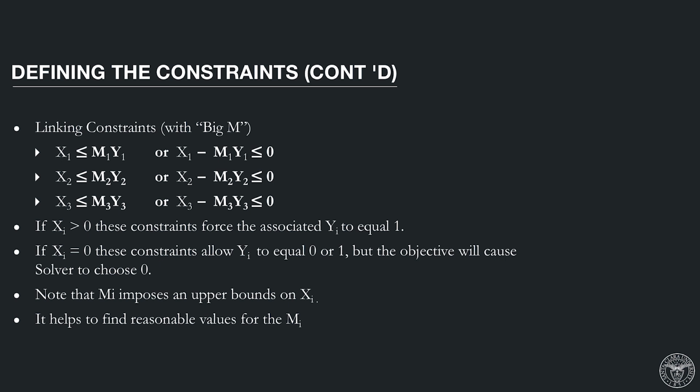We know that if we have these three equations, if xi is larger than 0, y1 must be equal to 1. But if we set yi equal to 0, because we don't want to incur the setup cost, the solver will give us y1 equal to 0. So basically, the mi will give us an upper bound for xi.